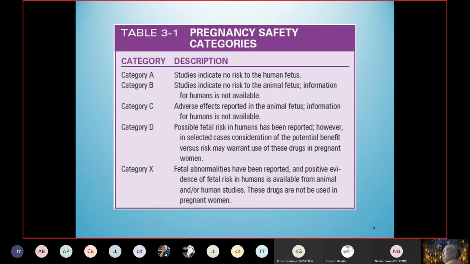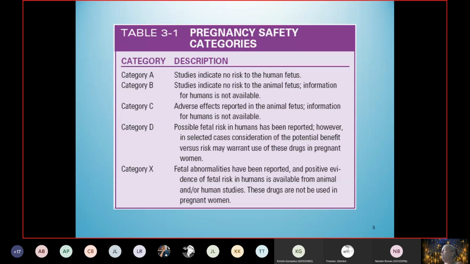And then category X is pretty much do not use. Think of skull and crossbones. The crossbones forms the X. Fetal abnormalities reported. Positive evidence of fetal risk in humans is available from animal and/or human studies and it should not be used. Now, if you guys want to see this table, it is on page 37 in chapter 3 of the pharmacology book.